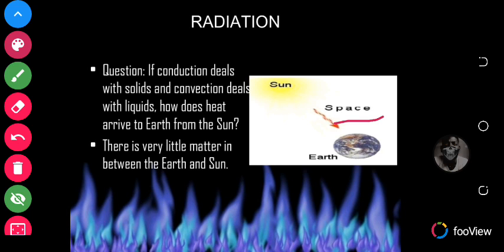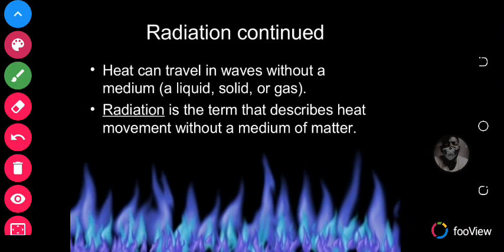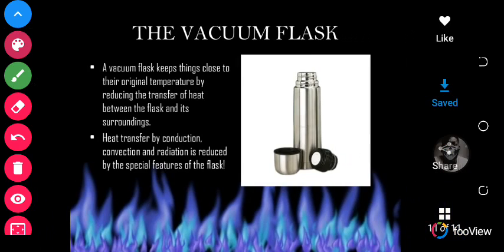So it is through this space that radiation occurs, where the waves of the sun travel to the earth, and the earth gets warm, and we are able to feel the heat from the sun. Heat can travel in waves without a medium, a liquid, solid, or gas. Radiation is a term that describes heat movement without a medium of matter.